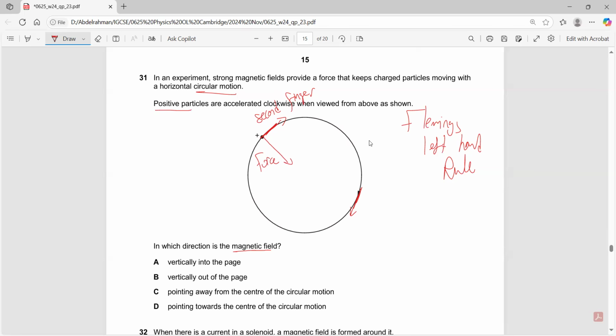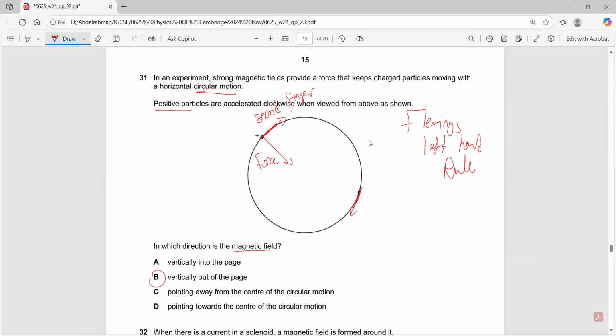I know this is a bit weird, but you have the second finger pointing in this direction, the force pointing towards the center. Therefore, the first finger, your index finger of your left hand, should be pointing out of the page. It's a bit difficult.